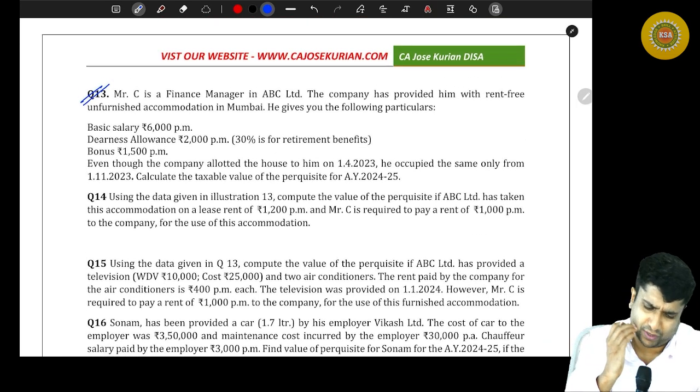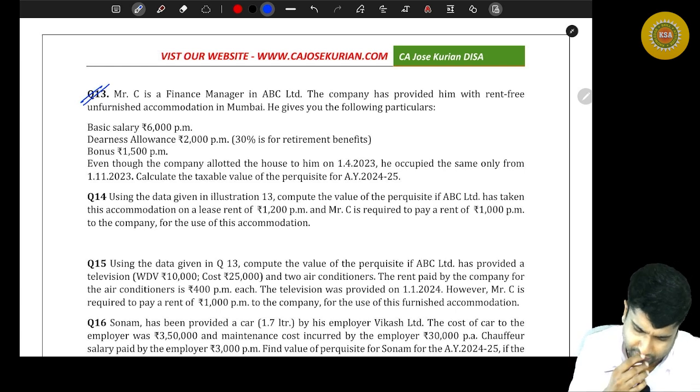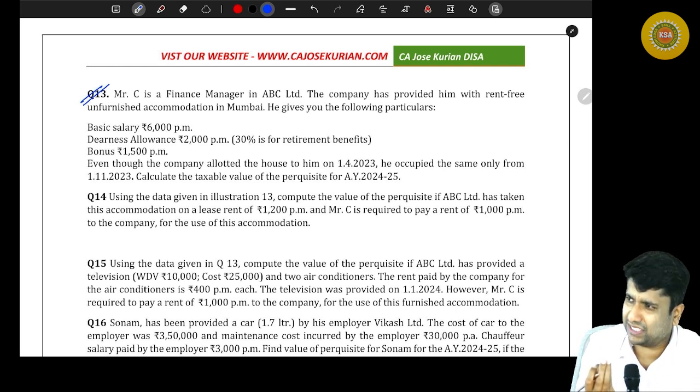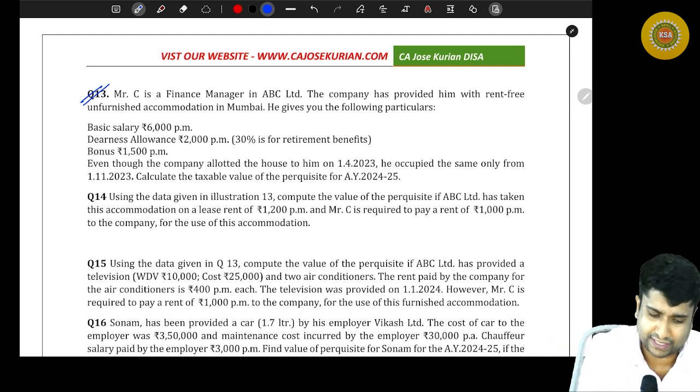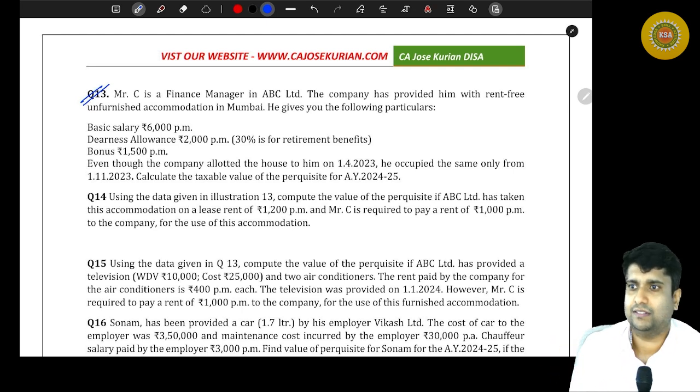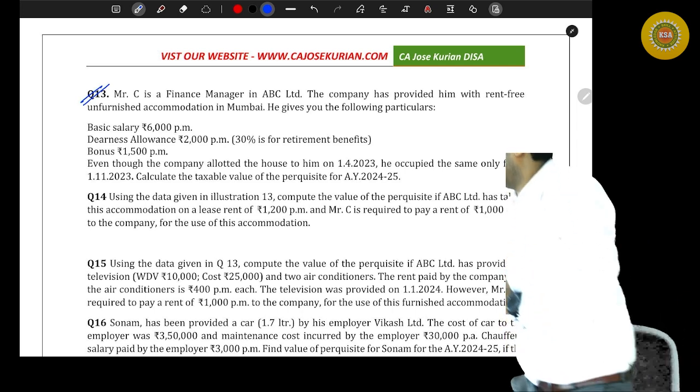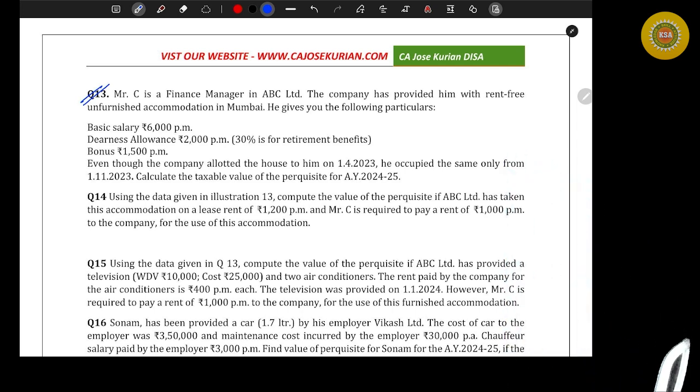It's an easy question only, a very small question. We'll solve 14 also. We'll complete 13 and 14. It's only one question. Read question 14 using the data in question 13. It is actually a sub-question of question 13.